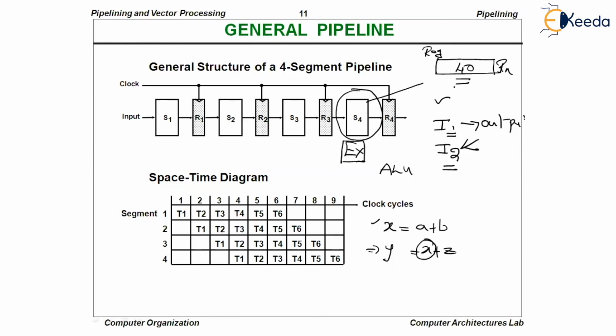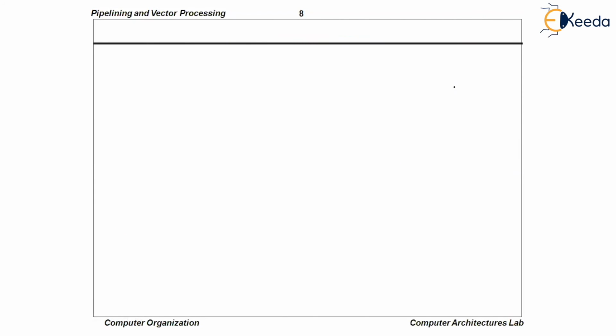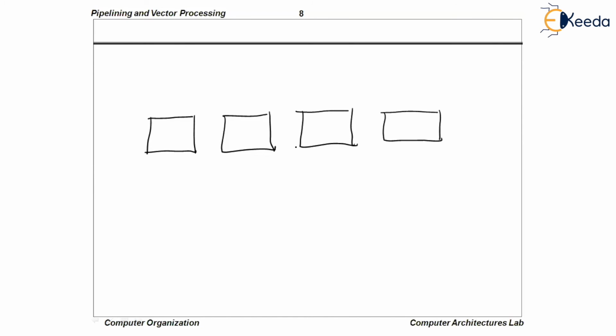So in the operand forwarding technique, let me draw stage 1, stage 2, stage 3, and stage 4. The output of stage 4 will be written into the register file.